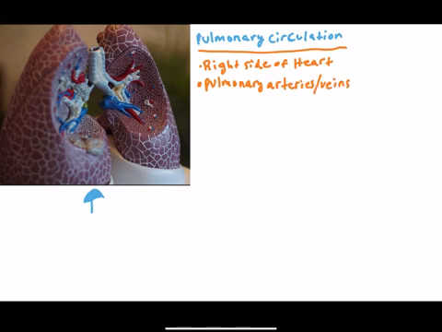So far we have the right side of the heart and the pulmonary arteries and veins. And the last structure involved in the pulmonary circulation is going to be the lungs.